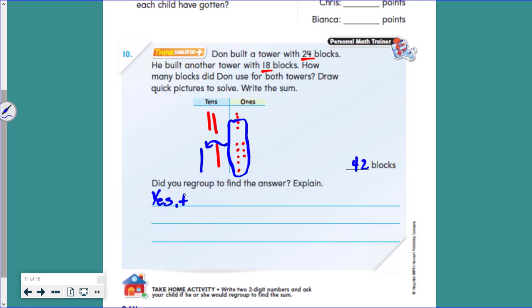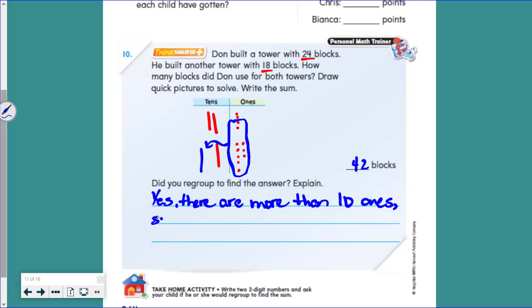Because there are more than 10 ones, right? That's why we regroup, because there were more than 10 ones.